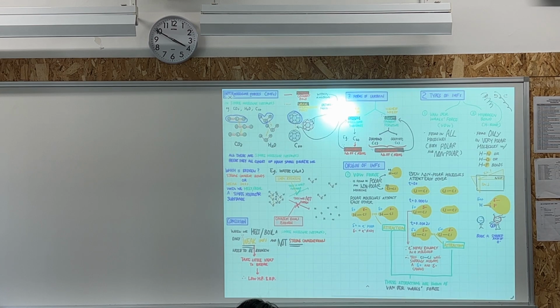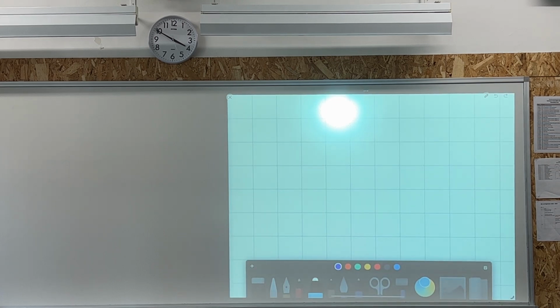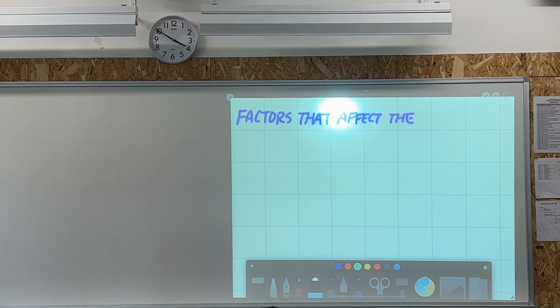Okay, and once we know how it forms, we can turn to the next page and look at factors that, this is more important, so factors that affect the strength of van der Waals force.